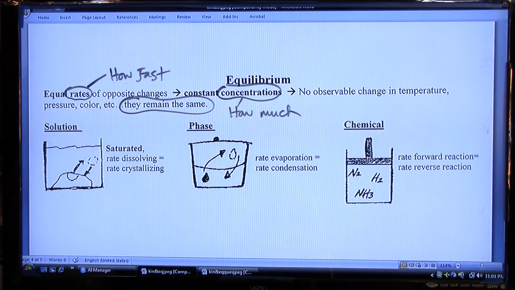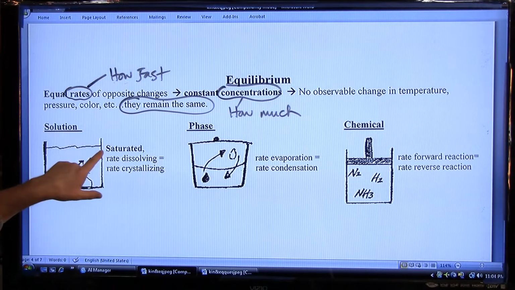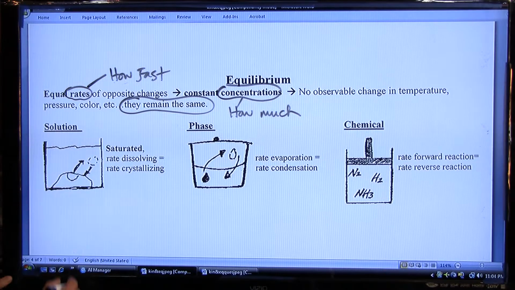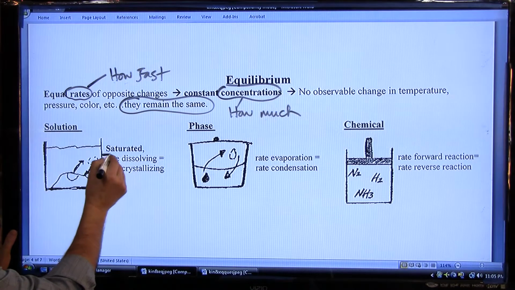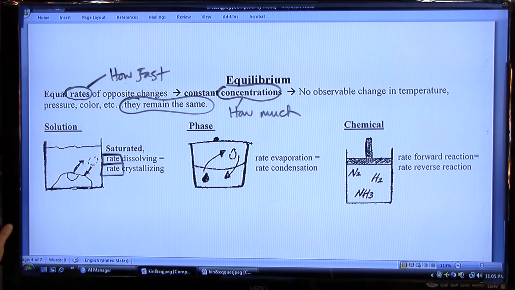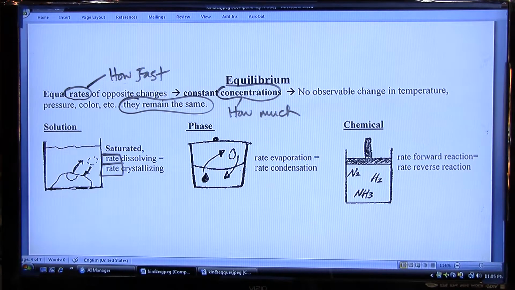For example, we mentioned this last time in the solutions unit. A saturated solution is at equilibrium. Well, how so? In a saturated solution, the rate of dissolving is equal to the rate of crystallizing. So as depicted here, that solid at the bottom of your beaker is what a saturated solution typically looks like.